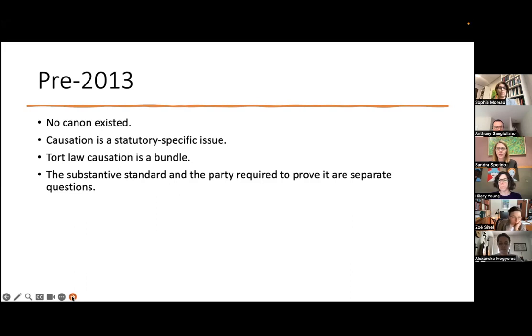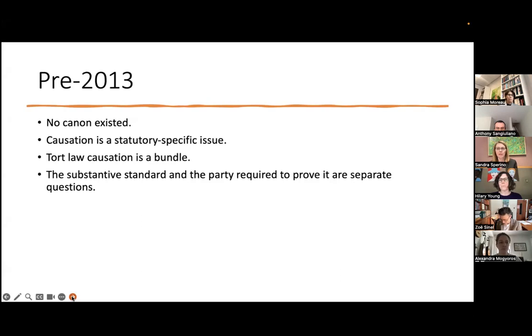And another feature of the pre-2013 jurisprudence is that the court also tended to see the substantive standard and the party required to prove it as separate questions. So again, one of the major features of the causation canon is that it inextricably ties these two ideas together, and that we're always forcing the plaintiff to carry the full causal burden, and we're also assuming that the substantive standard is but for.